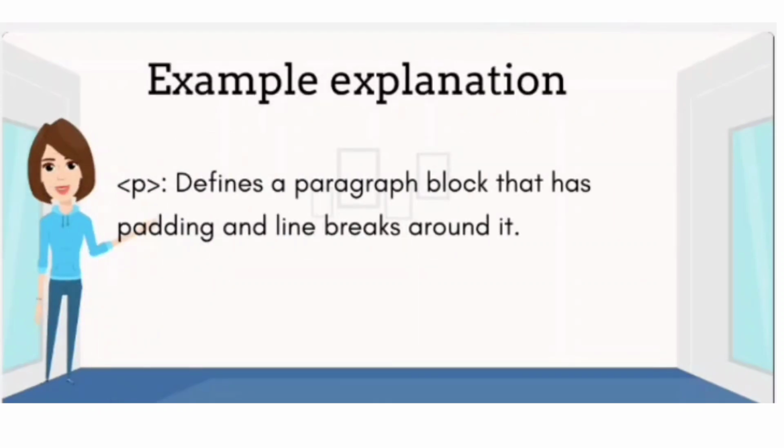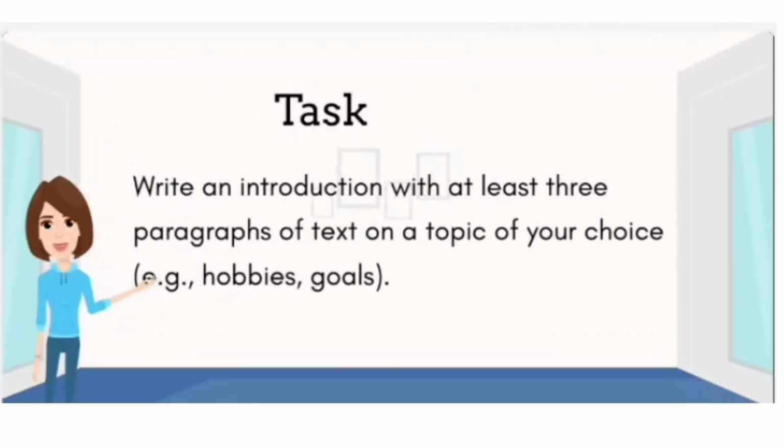Here is an example explanation provided for clarity. P defines a paragraph block that has padding and line breaks around it. Let's design a task based on the provided information. Write an introduction with at least 3 paragraphs of text on a topic of your choice. Example: hobbies, goals.